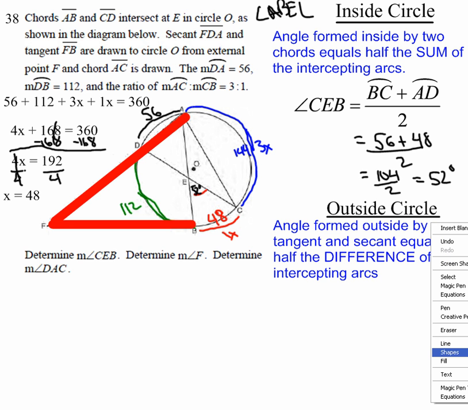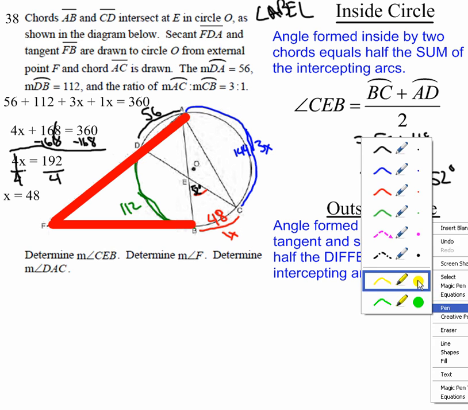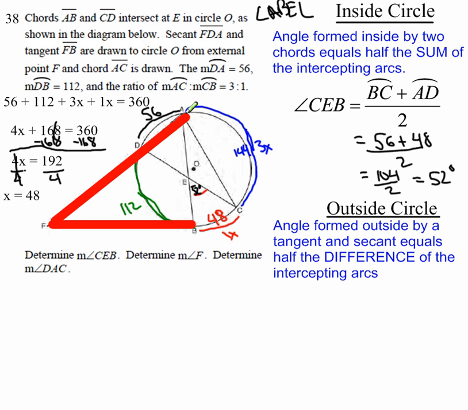What I'm gonna do is highlight it in yellow so you can see it better. One of the intercepting arcs of angle F, the major intercepting arc, is this arc over here, arc A, C, B. And let's go ahead and just find the measurement of that arc right now, since we're going to need it later anyways.